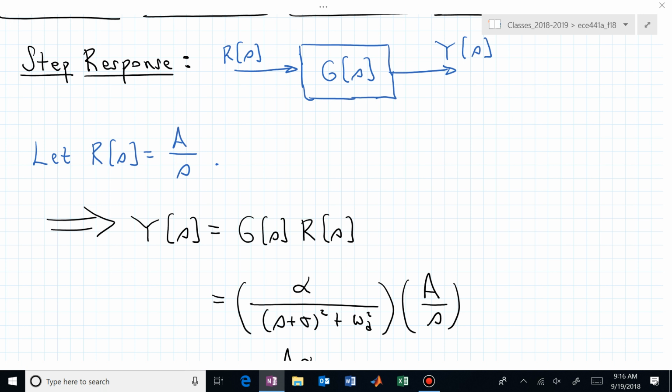So let's now look at the step response of a pure two-pole system where the input is a constant of magnitude A. Its Laplace transform is then A over s, and we can now multiply G of s times R of s. And G of s is just alpha over the two complex conjugate poles times A over s.